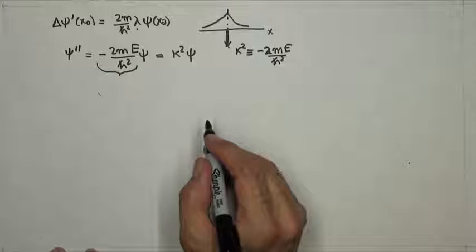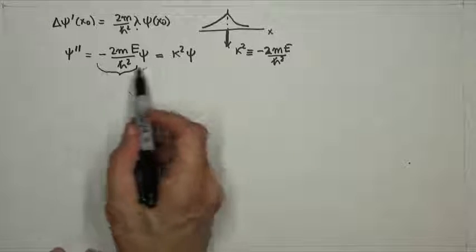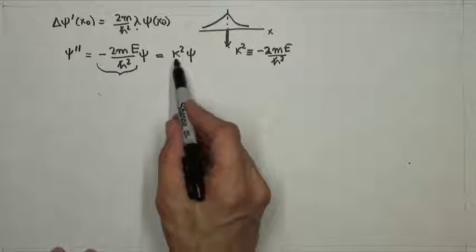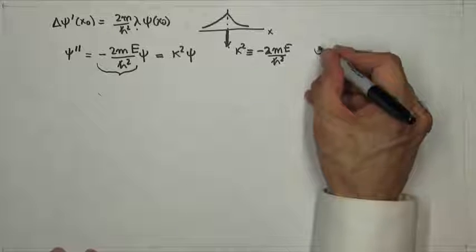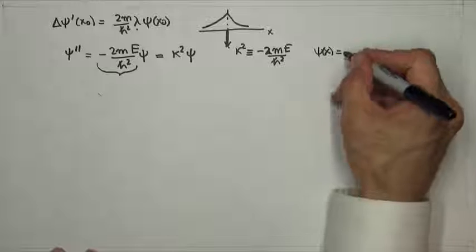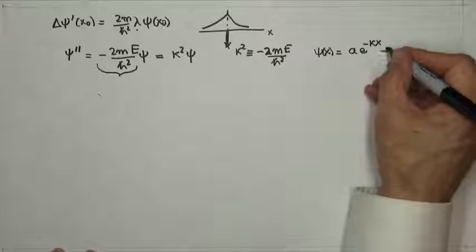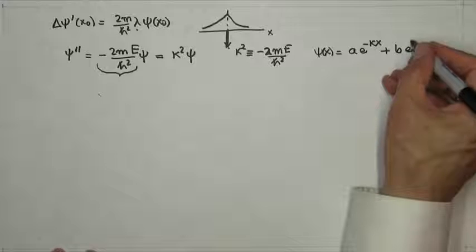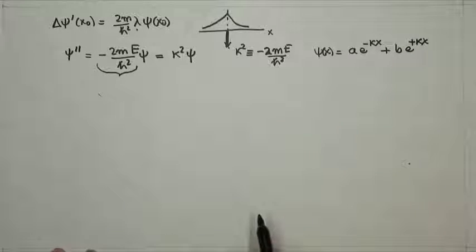Now we have a general solution of this equation, psi double prime equals kappa squared psi. It's solved by psi of x equal to A e to the minus kappa x plus B e to the plus kappa x, where A and B are two constants.